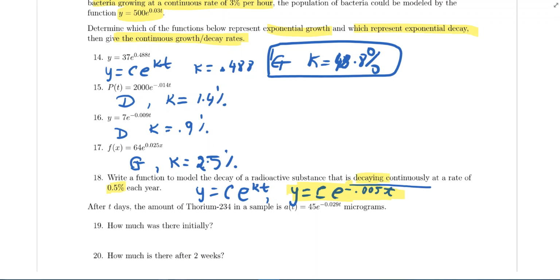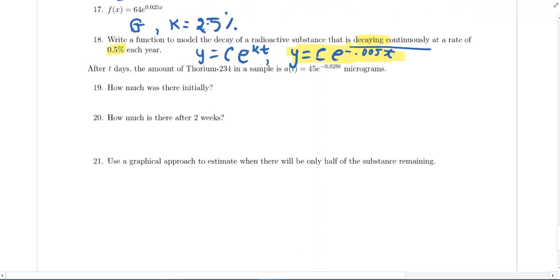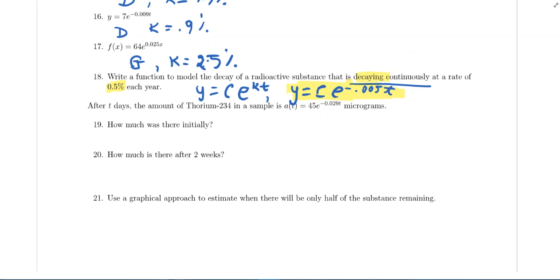All right, let's move on to this last example. We are given that after T days, the amount of thorium-234, this is just the name of this element, in a sample is given by this. A of T equals 45 times e to the negative 0.029 T micrograms. How much was there initially?